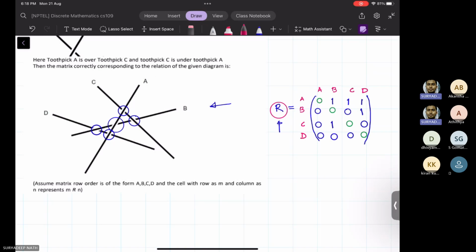Do you think that this is a transitive relationship? No, can you explain?